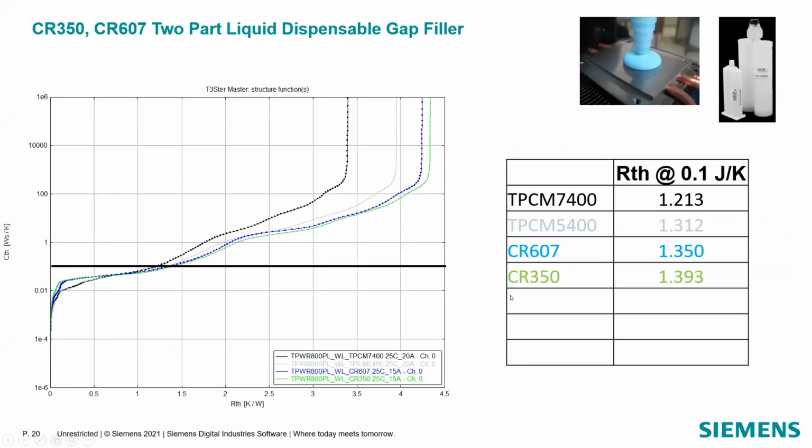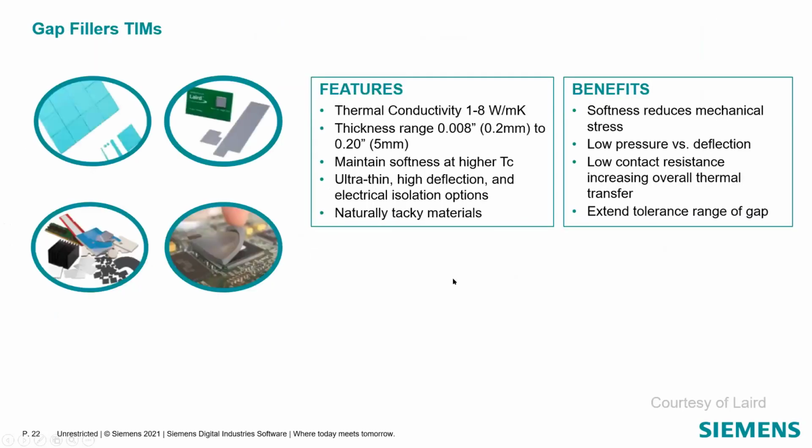How do they compare? Well, we tested two of them, CR607 and CR350. Again, there was a slight difference between the thermal conductivity coefficients, CR607 being more conductive, and this is reflected in the data. For the overall RTJA, they are still very close to the phase change materials, but again, they serve a different purpose.